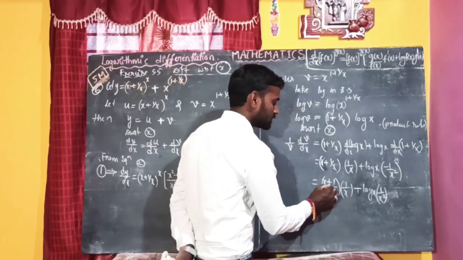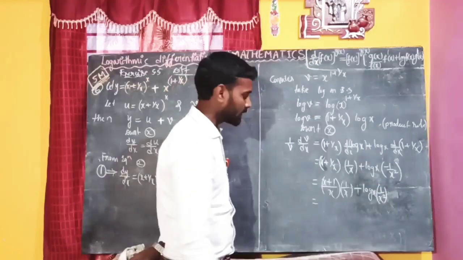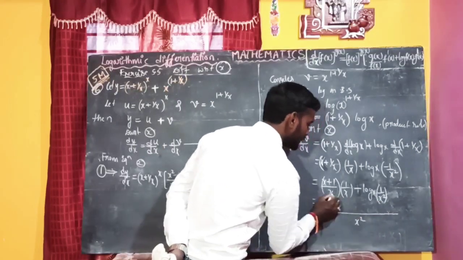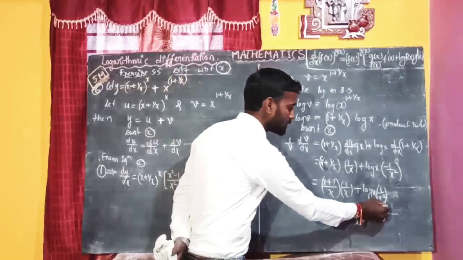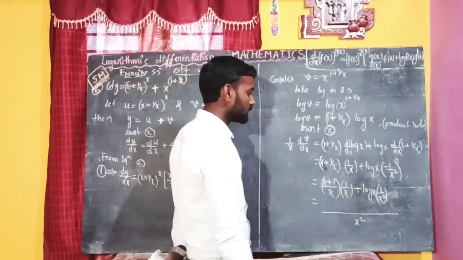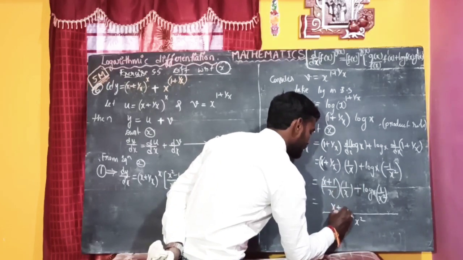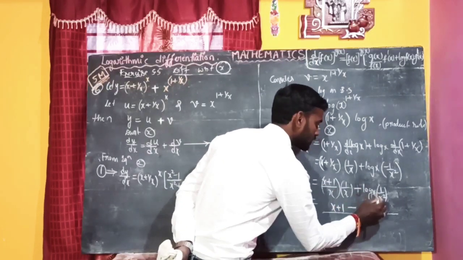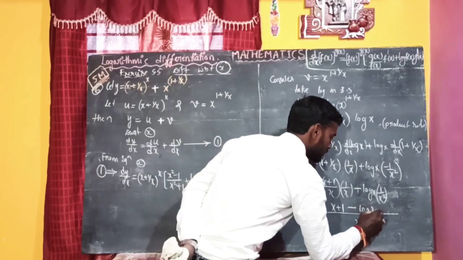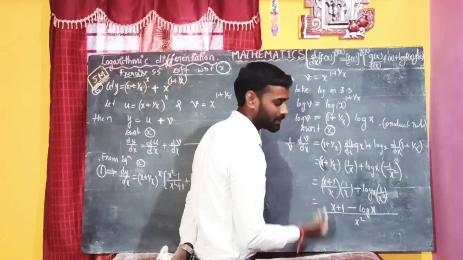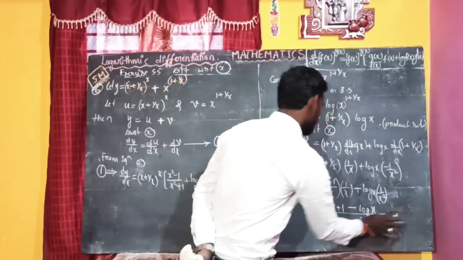Here x into x means x square, and here also this is x square, so our LCM is x square. The remaining numerator is x plus 1, minus log x, into 1 by x square, where the LCM is x square. Okay guys.